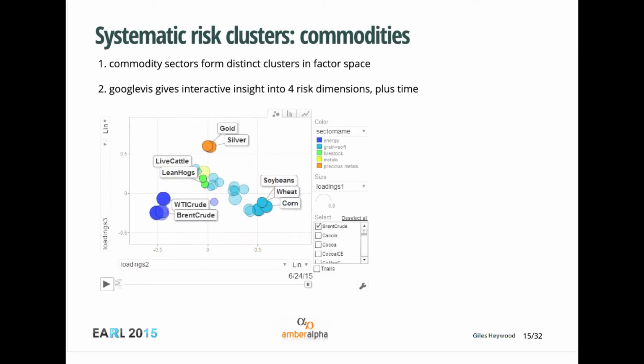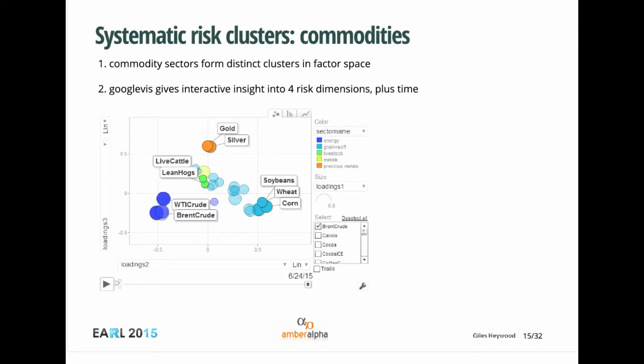Another thing you can do is recognize that risk is multidimensional. We're here looking at the output of the PCA model: the horizontal axis is loadings on factor 2, the vertical axis is loadings on factor 3, size is loadings on factor 1, the directional factor, and the color represents the grouping of futures.